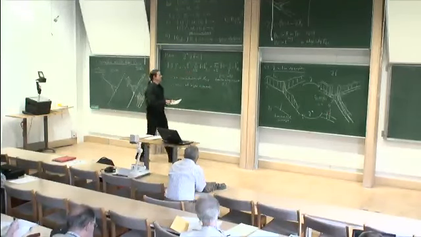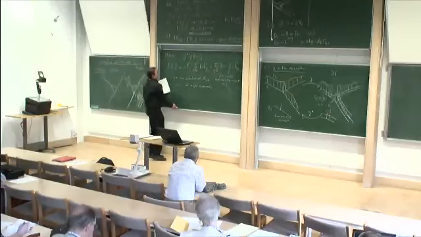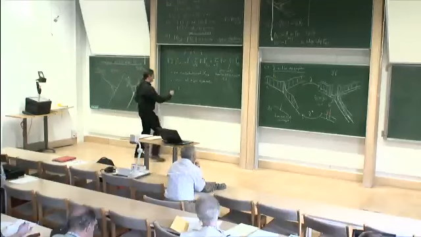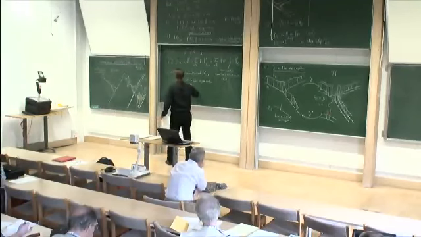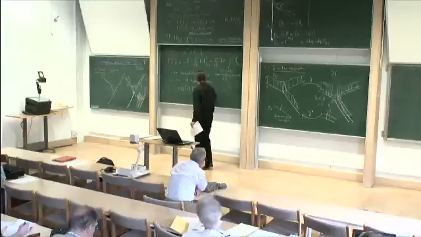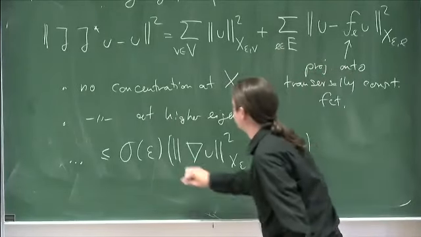Yeah, this just explodes. And actually, what you can then show is that the above thing here is just bounded by some O of epsilon times the gradient of u plus the norm, something of this form.